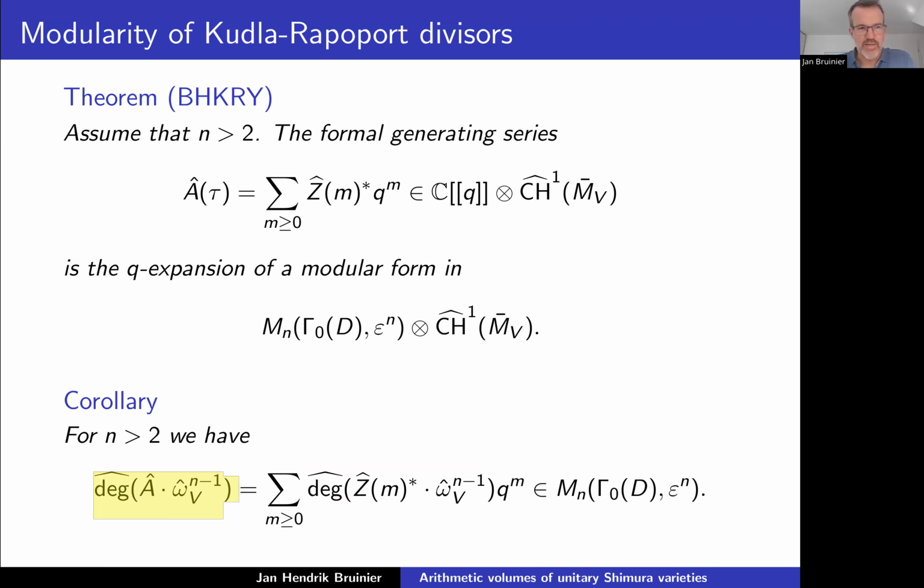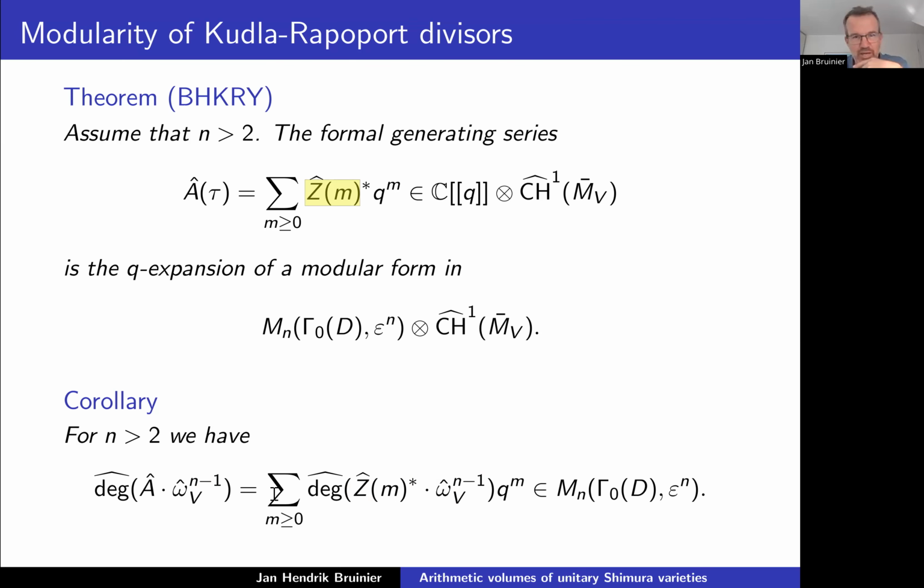And the modularity in particular implies that this generating series is a Meyer form, which is quite nice because this gives many relations between the coefficients of this generating series. And one nice thing is, if you remember, the constant term of this generating series was given basically by the metrized Hodge bundle.